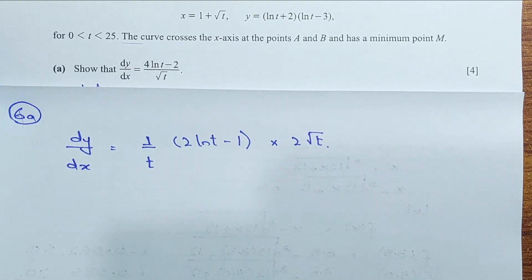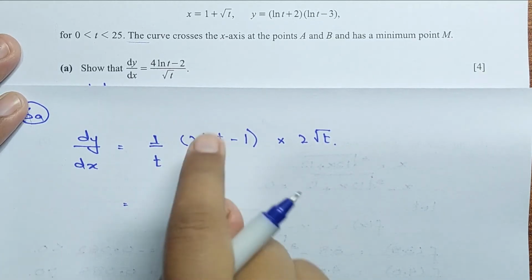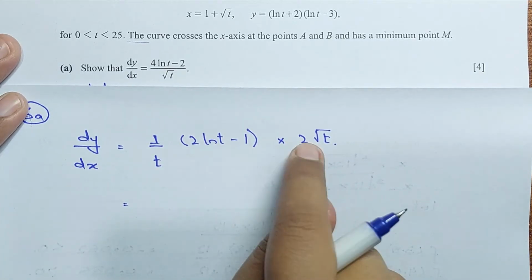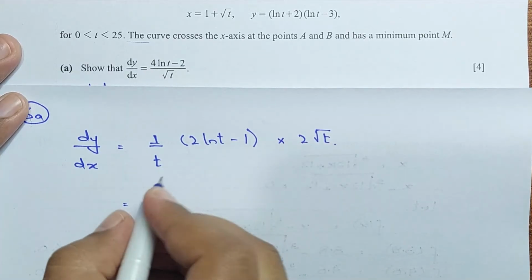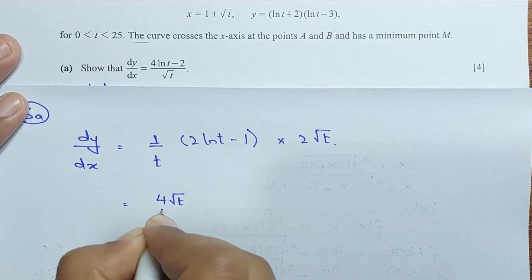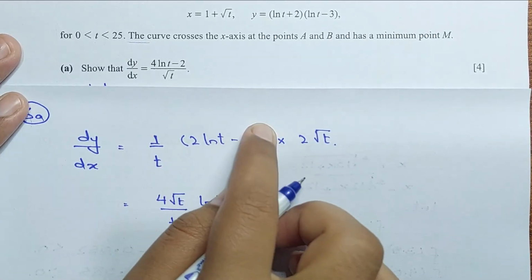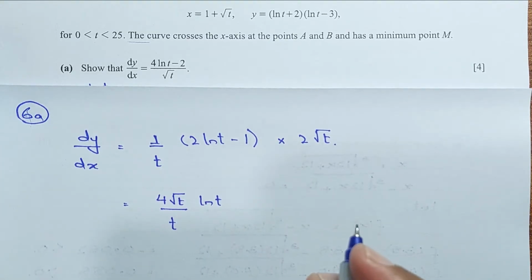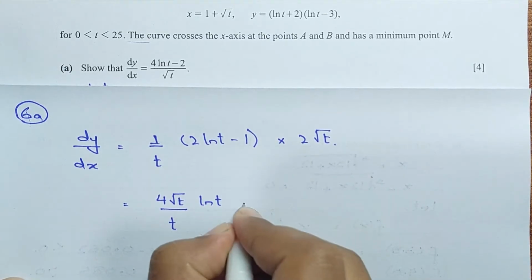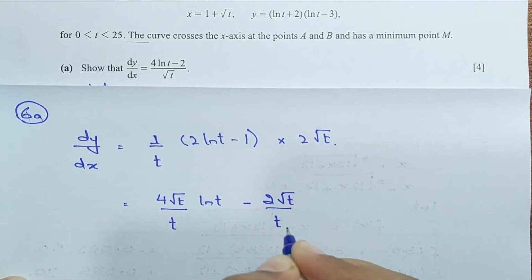All right, so this is 2 ln t multiplied with 2 root t, so 2 times 2 would be 4 root t over t times ln t. This 1 over t times minus 1 is minus 1 over t, and times this, so minus 2 root t over t.